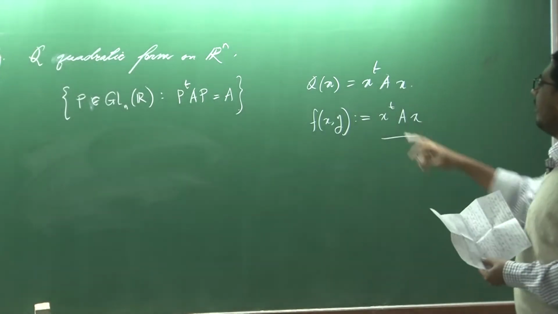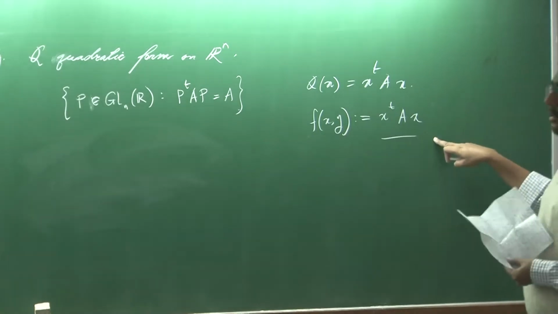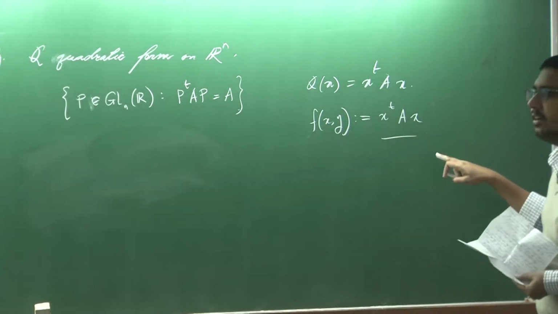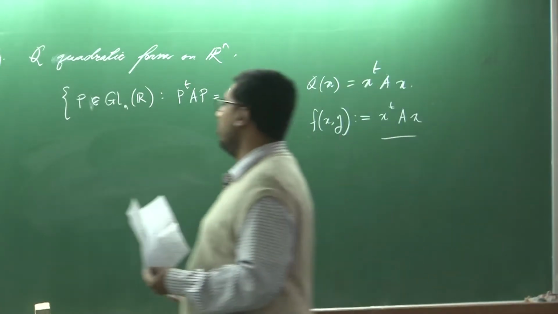So, you see that the stabilizer of this quadratic form is the same as the stabilizer of the corresponding bilinear form, because it is given by a matrix.